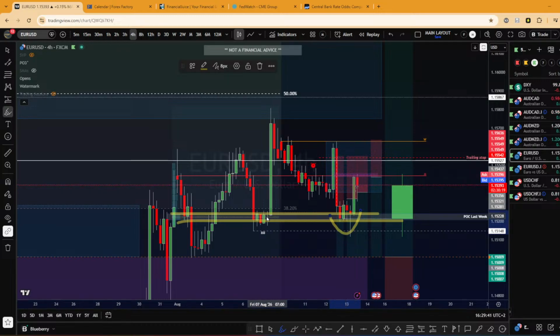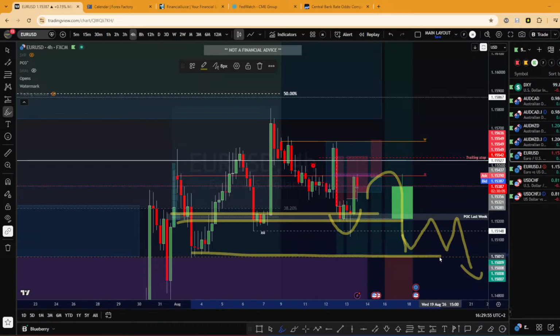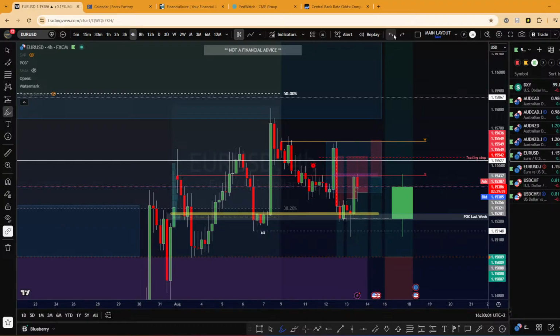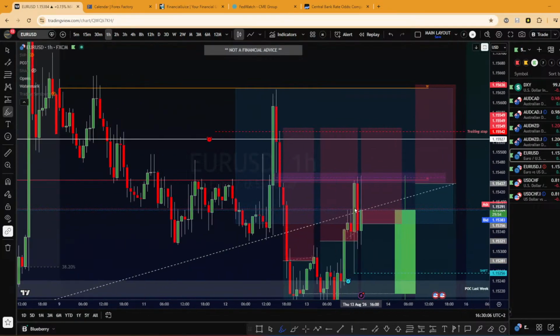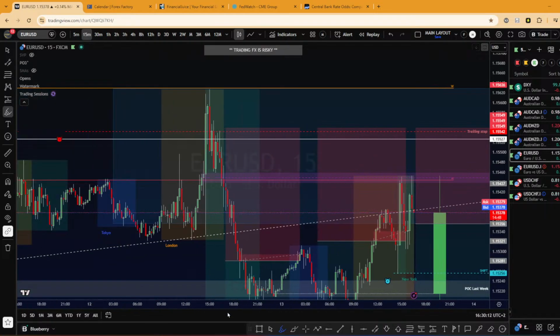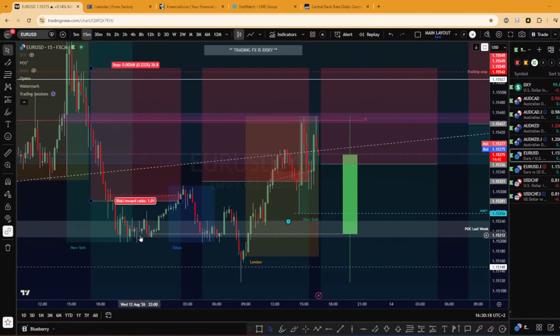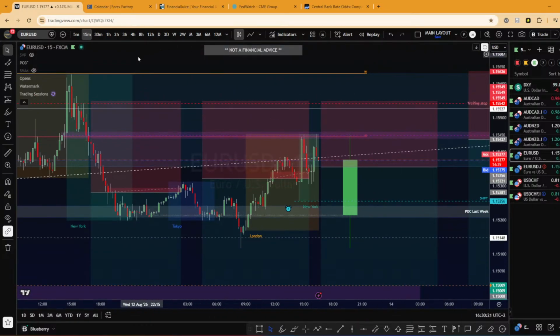I need a real break of this support and then continuation to the downside to target this level. This is painful. Yes, we have some rejection, but not strong enough to push this price lower. Let's see.